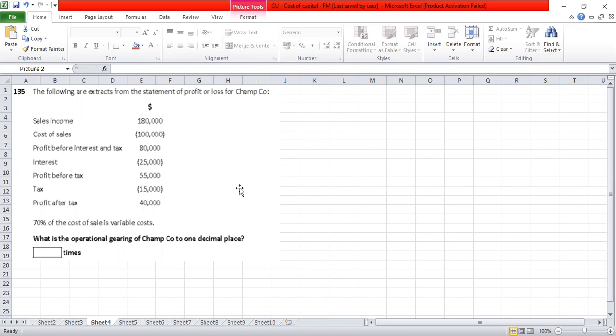So here we are finding out operating gearing. Basically gearing ratios are in relation to fixed cost, fixed cost by the proportion of variable cost.